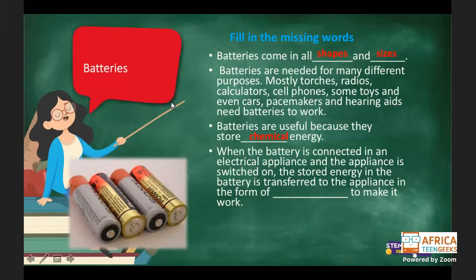When the battery is connected in an electrical appliance and the appliance is switched on, the stored energy in the battery is transferred to the appliance in the form of electrical energy to make it work.